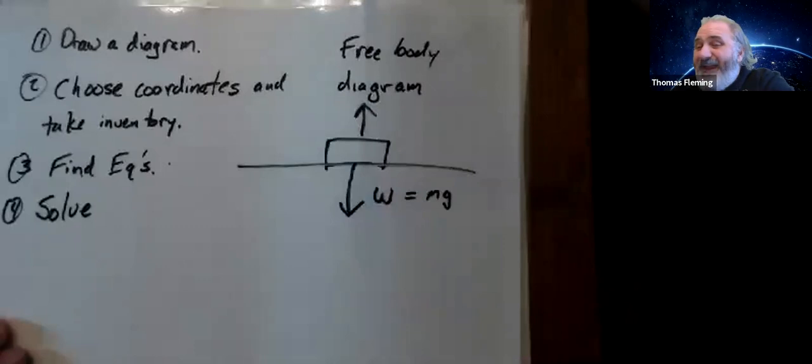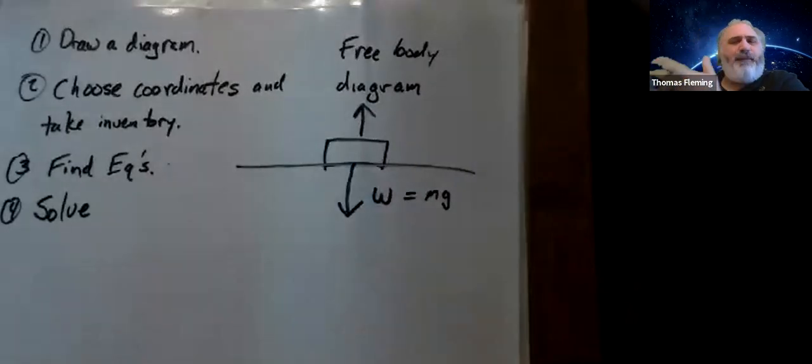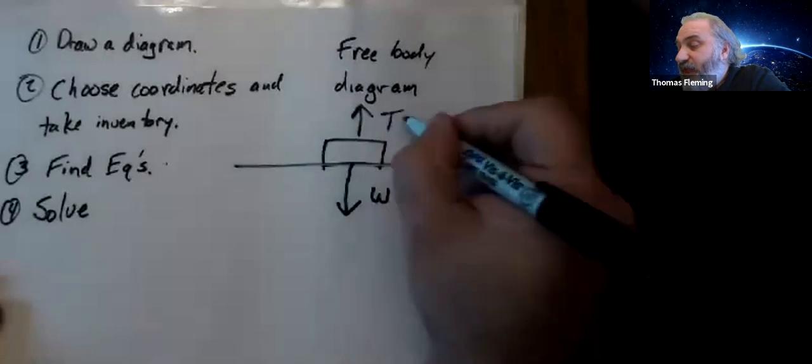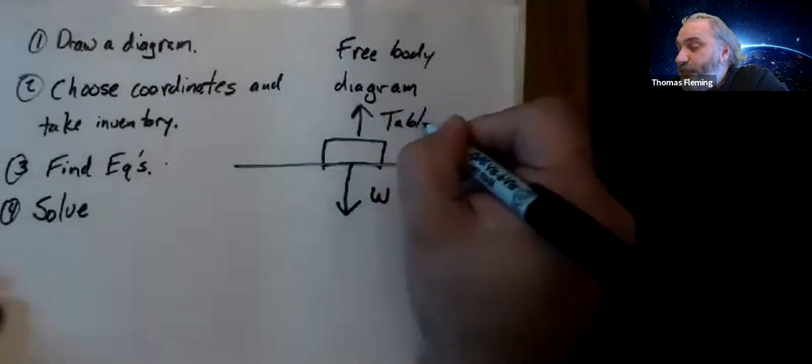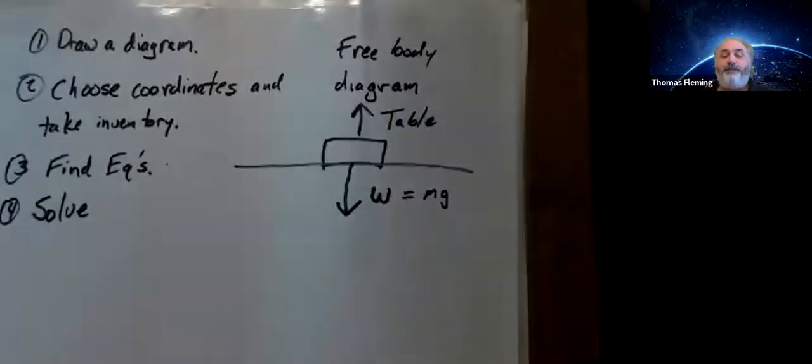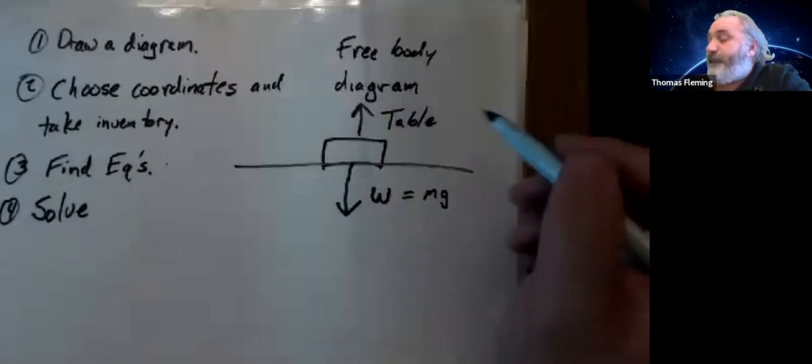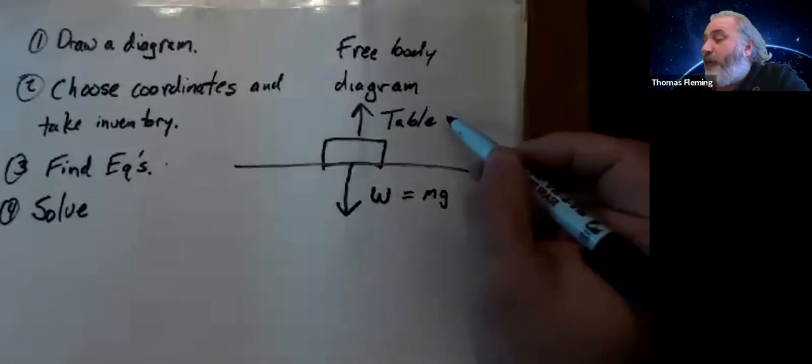And I can name these forces whatever I want. We'll come up with specialized names for things later, but the names of stuff in physics are not especially important. Right now, I'm just going to call it the force from the table. We'll worry about names later. But clearly there's got to be some upward force.